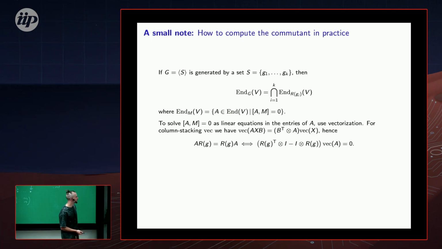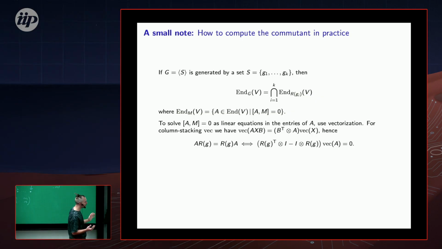And to solve this equation, we can vectorize using the law of vectorization. We want to vectorize the commutant of A with M, which is AM minus MA, or here A R_g minus R_g A. When we vectorize and pull the vec of A to one side, we essentially find a d squared by d squared matrix that is R_g transpose tensor identity minus identity tensor R_g transpose.